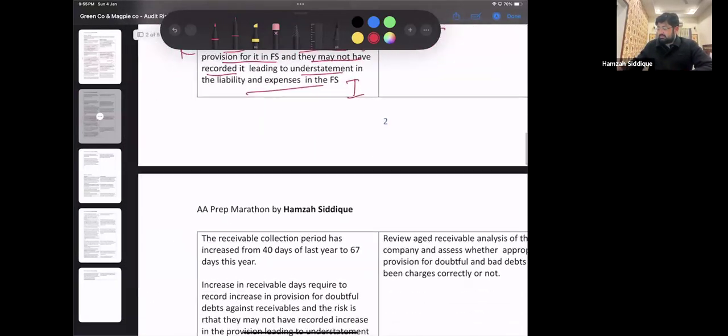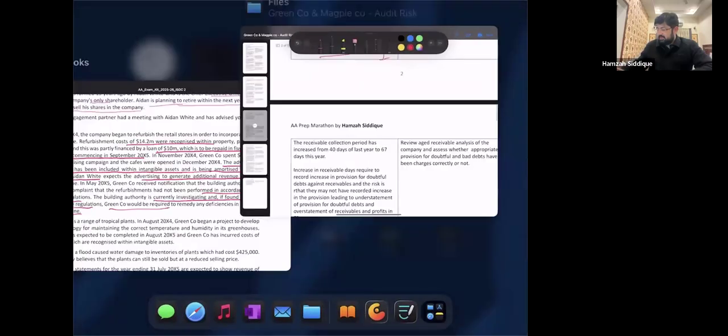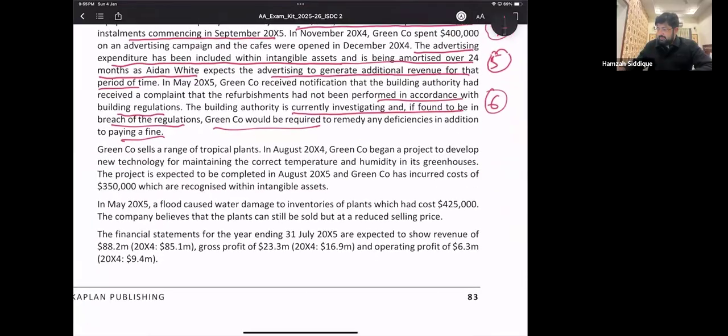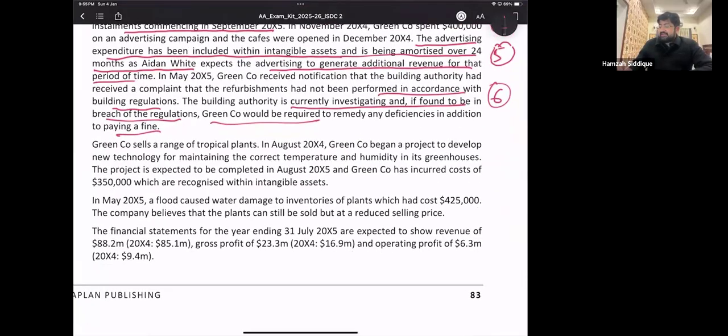Now, next. Company sells a range of tropical plants. In August, Green began a project to develop new technology for maintaining the correct temperature and humidity in its greenhouse. It is expected to be completed in August. Cost of 350,000 has been recognized.